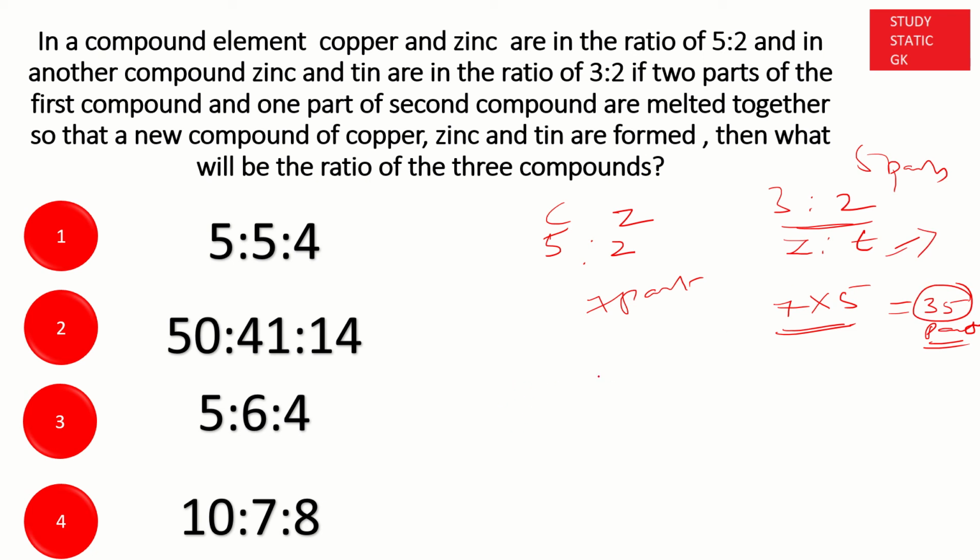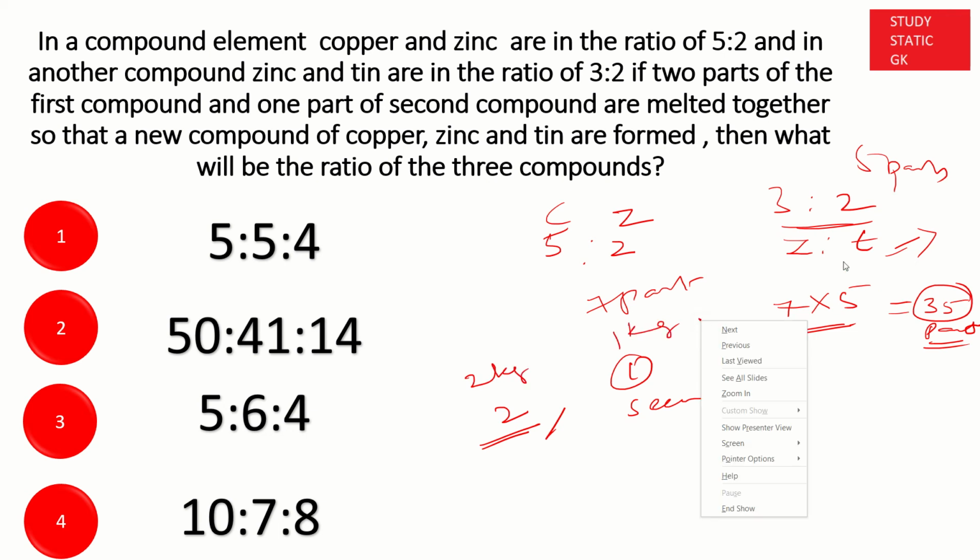So here, what is the question? Two parts of the first compound and one part of the second compound. That means if it is 2 kg, it will be 1 kg, right? So if we calculate part wise, we have already considered the LCM as 35.